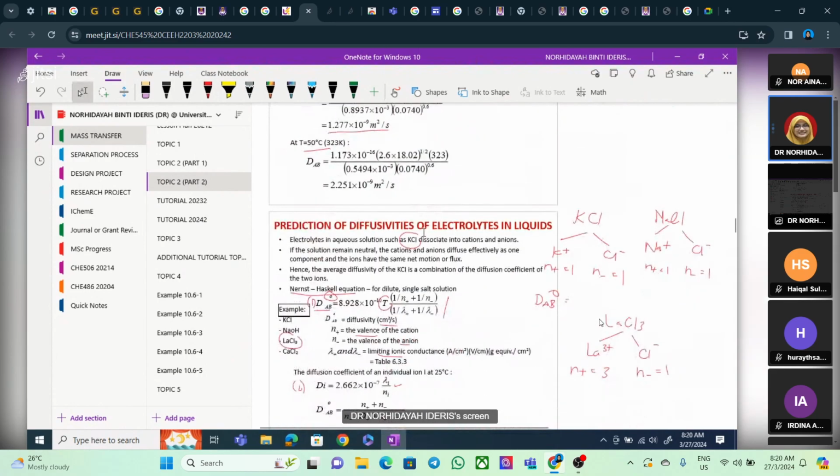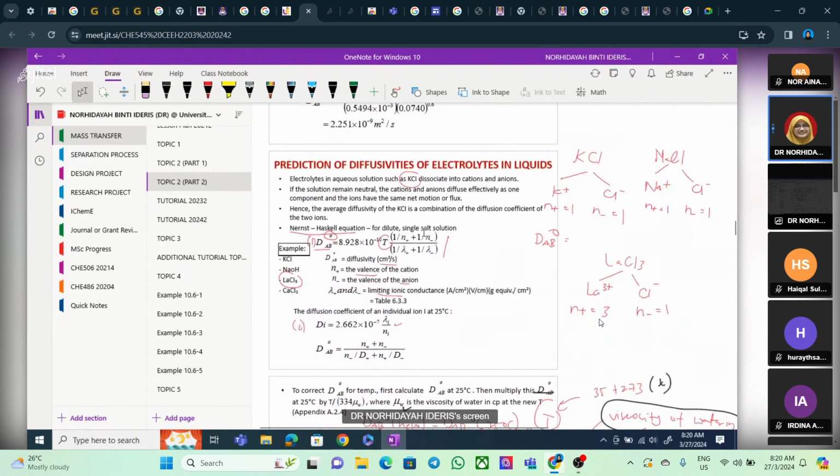And then another thing is that in molecular diffusion in liquid, we have a normal solution with a solvent, usually water, and another case is when it involves an electrolyte solution. For example, salt is the most common, NaCl. When you dissolve NaCl inside the water, it has ions, right? Na plus, Cl minus. So how would you calculate it?